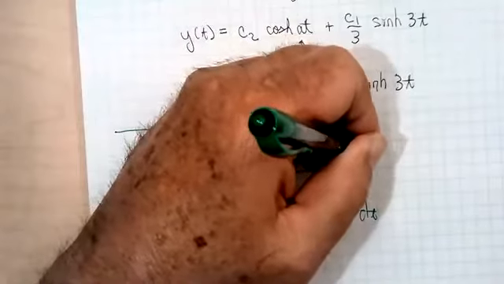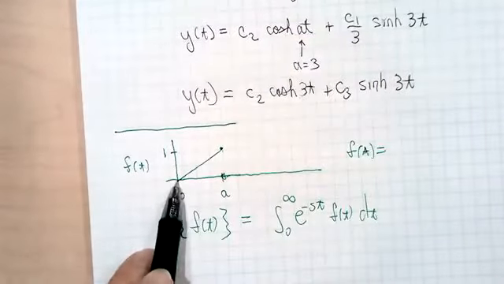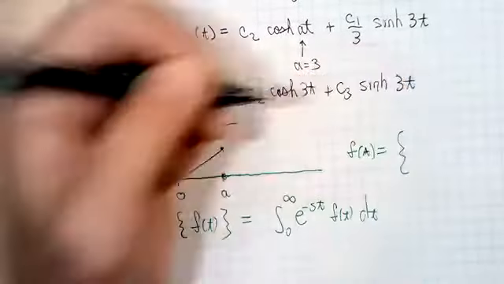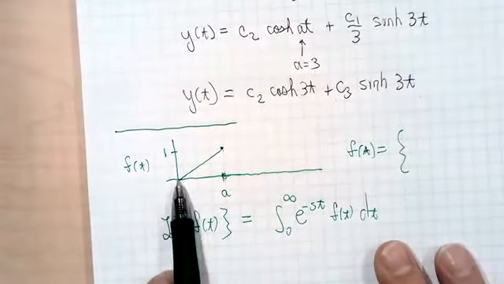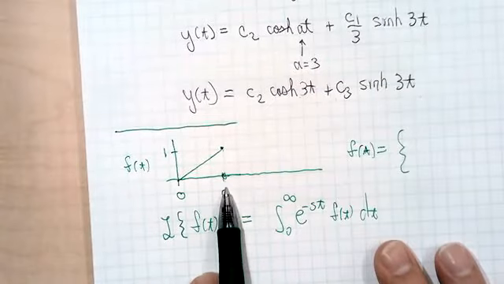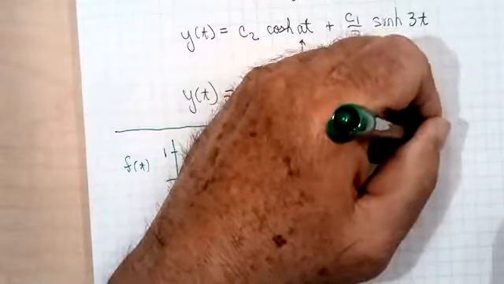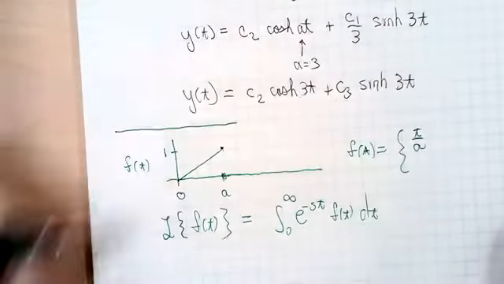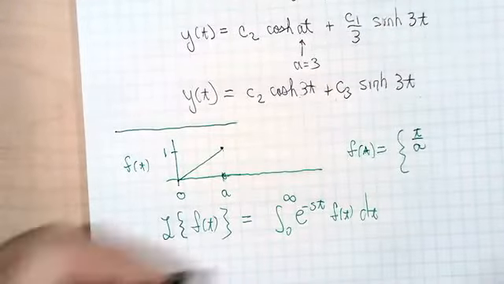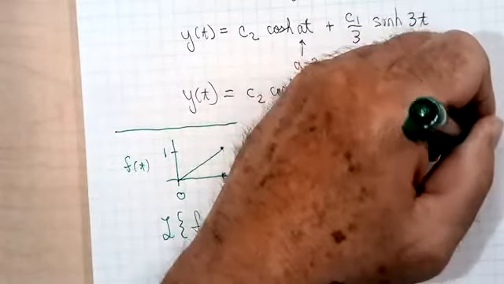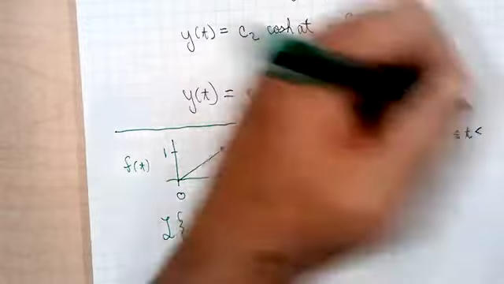F of t is equal to, well, it's just the equation of a straight line on the interval from 0 to a. The rise is 1 and the run is a, so it's t over a, on the interval 0 less than or equal to t less than a.